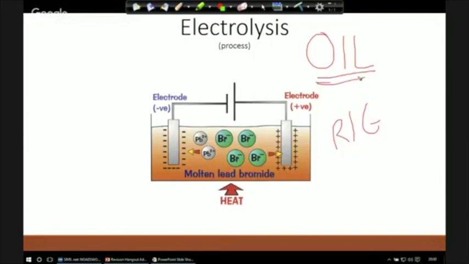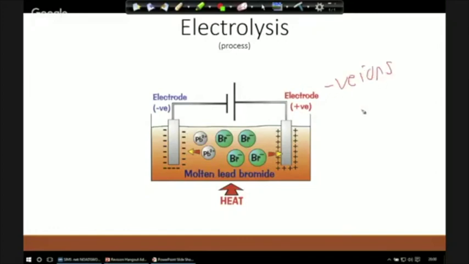Oxidation is loss, reduction is gain. In other words, electrons are lost, electrons are gained. So let's take a look at this first example. For lead bromide here at my positive electrode, we're going to find that we get negative ions which are attracted to our positive electrode.